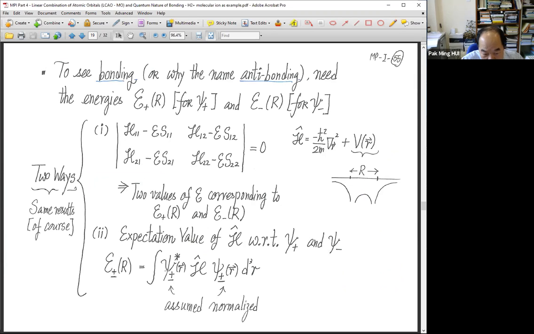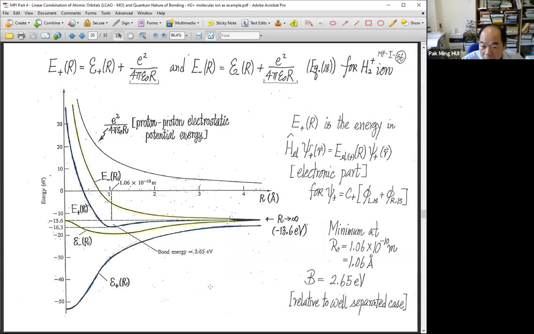We use this and put the H2 plus Hamiltonian in between, okay? And then calculate the expectation value as a function of different separations, we will get this curve. Okay? This one. You see this one, okay? But remember, at the very beginning, we take out a constant due to the nucleus repulsion. This is this line.